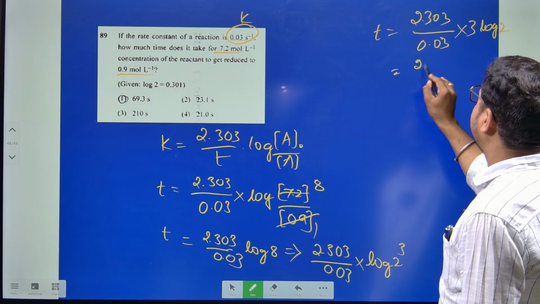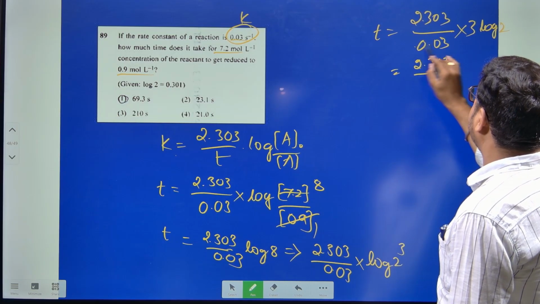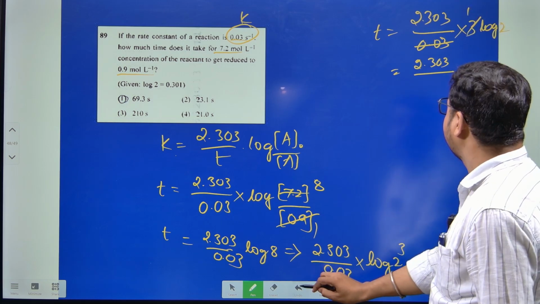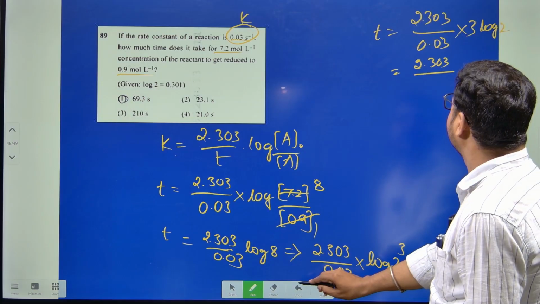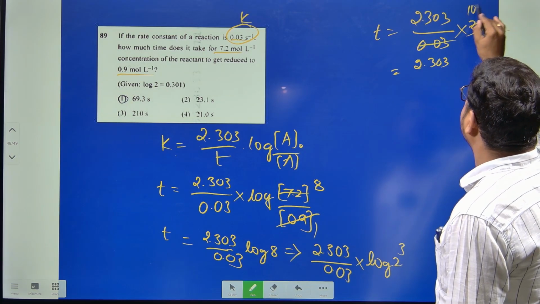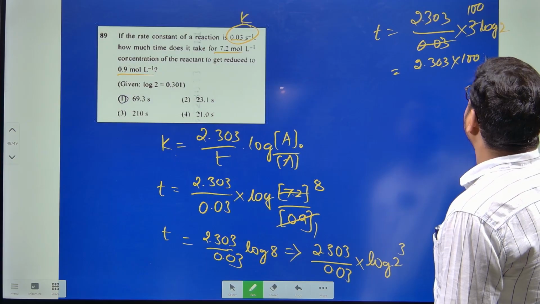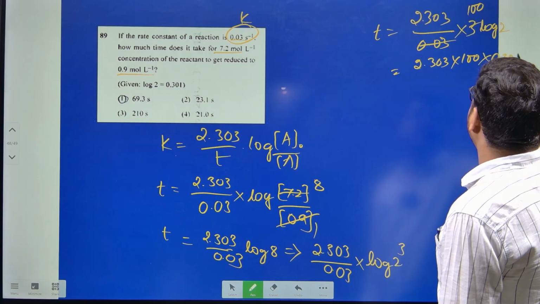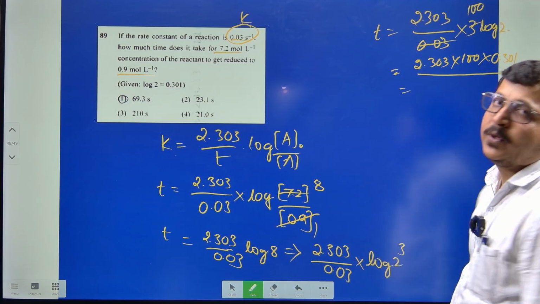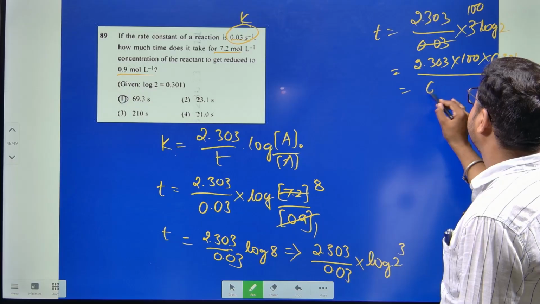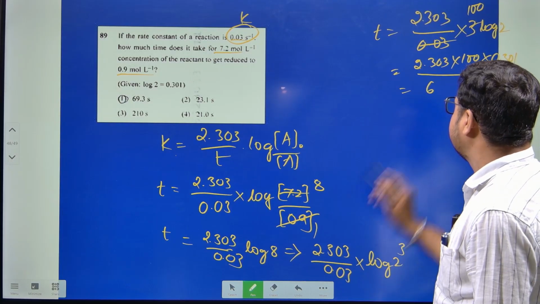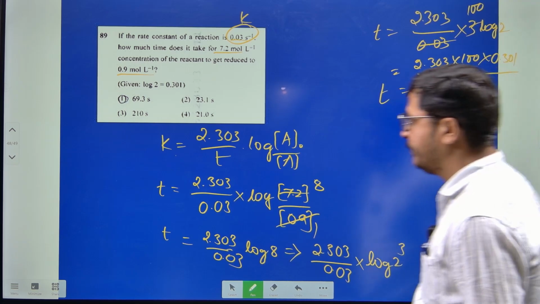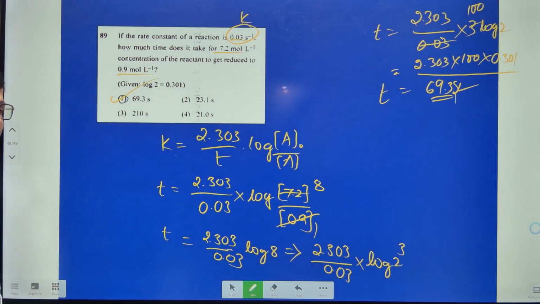Therefore 2.303 divided by, I will cancel it, ones are hundreds are, so 2.303 into 100 into log 2 value, they have given there 0.301. After simplification, I hope you will simplify it and get the answer, that is 69.3 seconds. Therefore, the right option is option number 1.